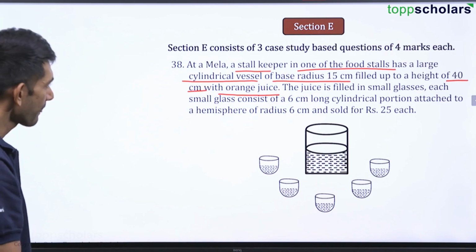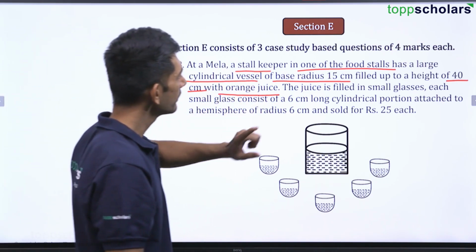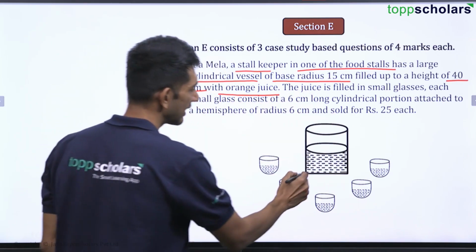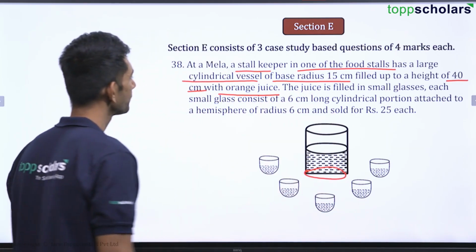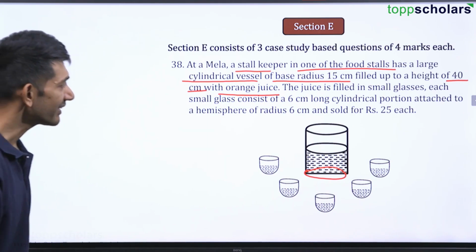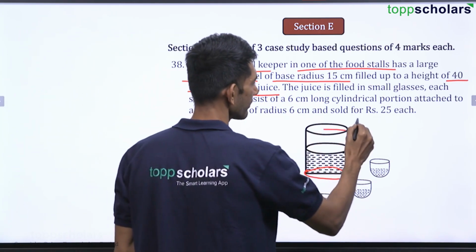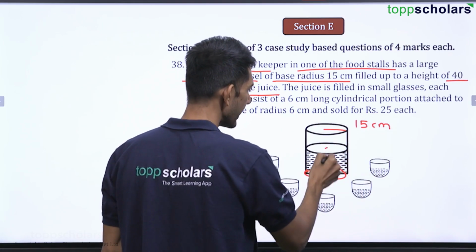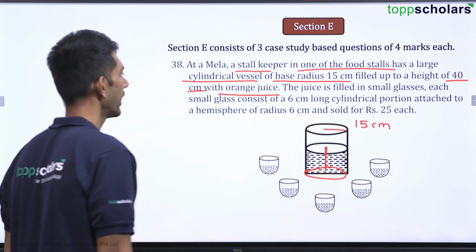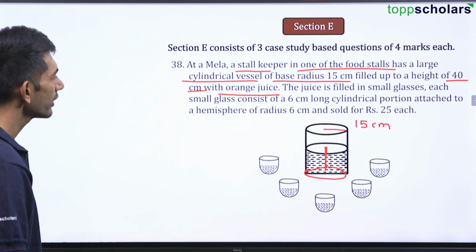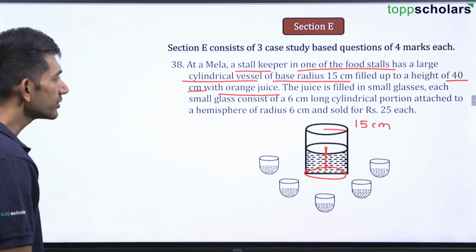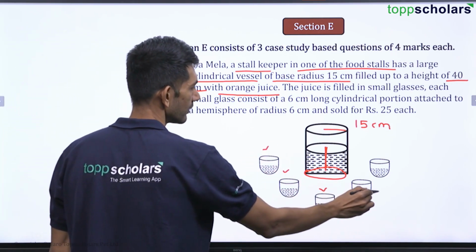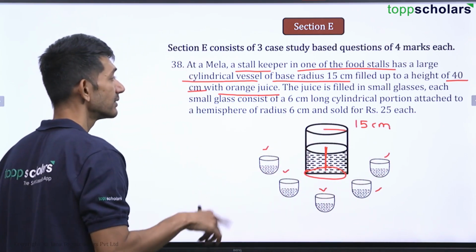Okay, so here it is. At a mela, a stall keeper in one of the food stalls has a large cylindrical vessel with base radius 15 centimeter and the height is 40 centimeter. It's filled with orange juice. Then it is poured in small glasses. But how is the glass?